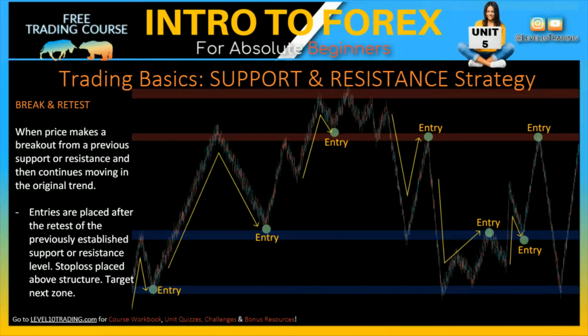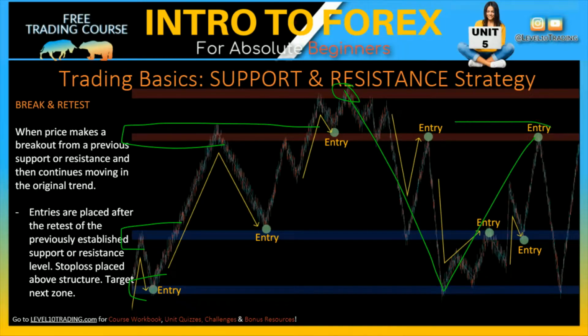We also have an entry, and I didn't mark it up because it just put way too many arrows on this graphic. But if you look at previously established zones, you have all of these zones, you actually have price that started here, moved down, and came back to retest this zone here.